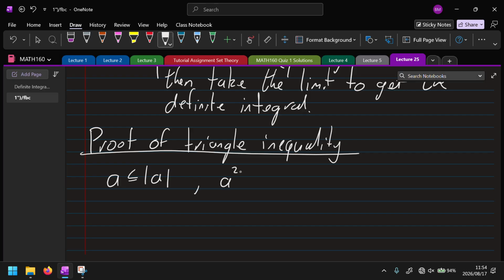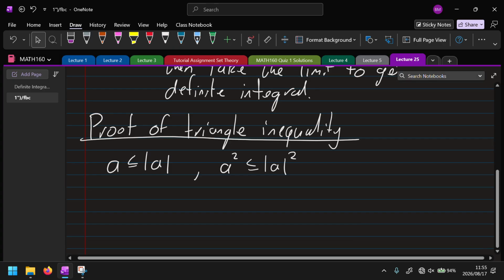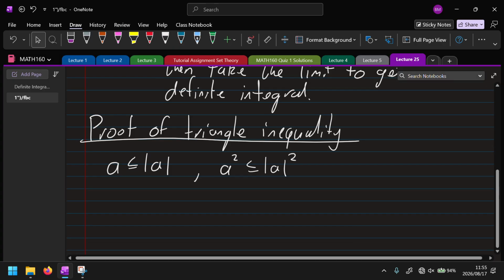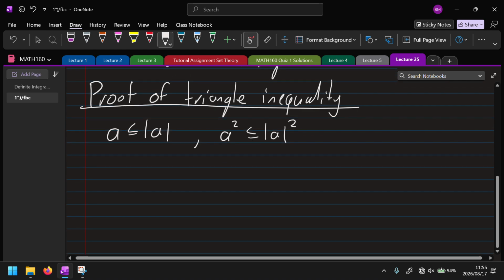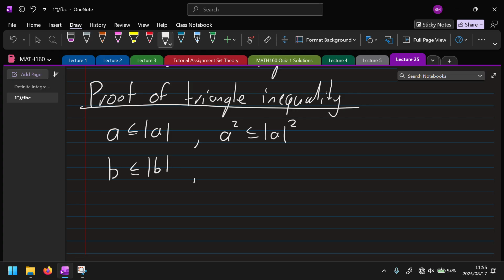Okay, so we all agree. Then, if I square both sides, we can still keep the inequality. I can do the same thing for b. If b is less than or equal to the absolute value of b, I can square both sides, and the inequality stays.